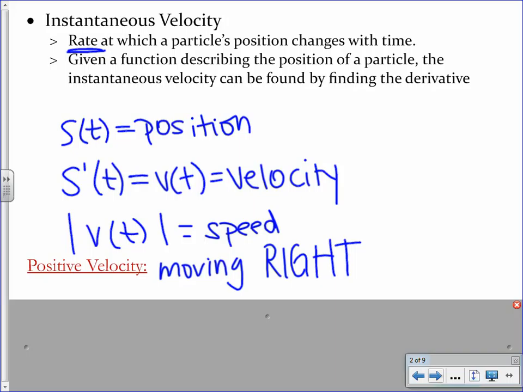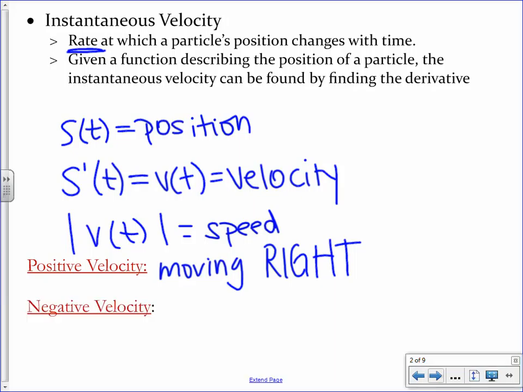Which means if we have negative velocity, we are moving left. That negative is giving us the direction of we're moving left at that rate. Positive means we're moving right at that rate, of the velocity, not the position.